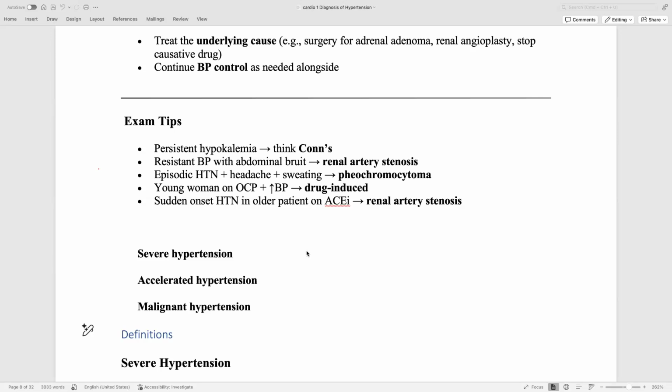Addison. Okay. Hypotension, hyperkalemia, and hyponatremia, then we will think of Addison. Right.